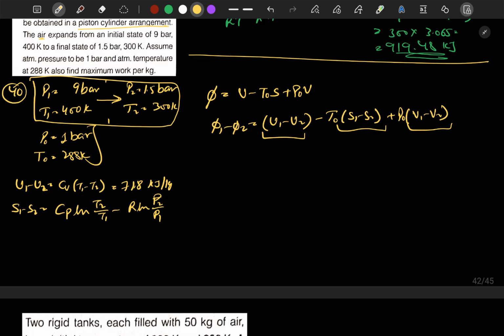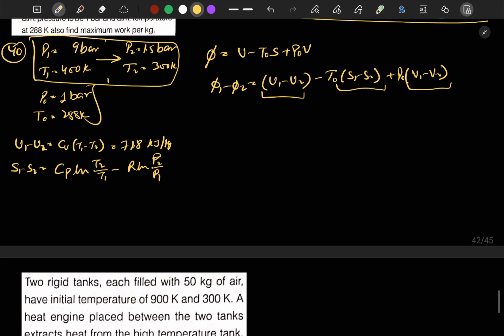Now we have to subtract R, 0.287, into ln of P2 by P1, which is 1.5 divided by 9. So we get the value of S1 minus S2 as 0.2255, again kilojoule per kg.